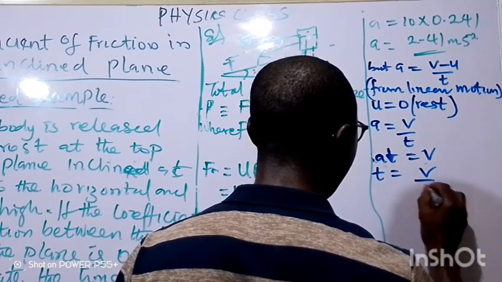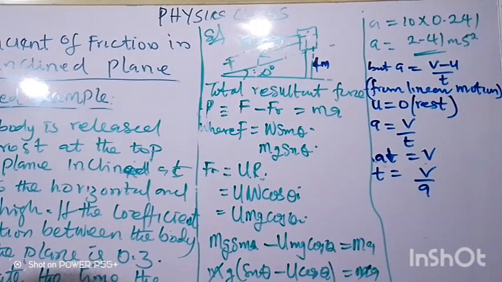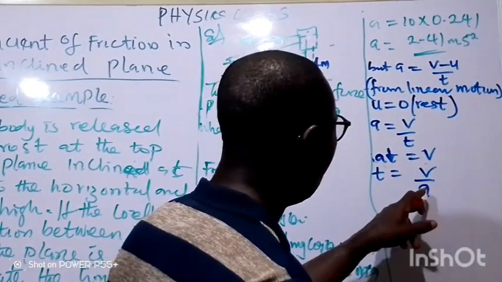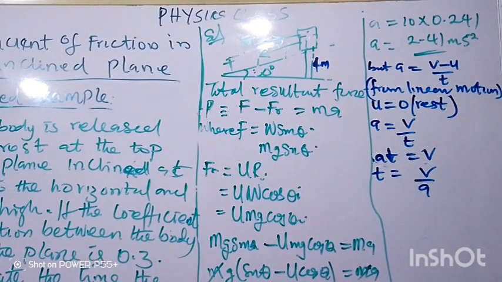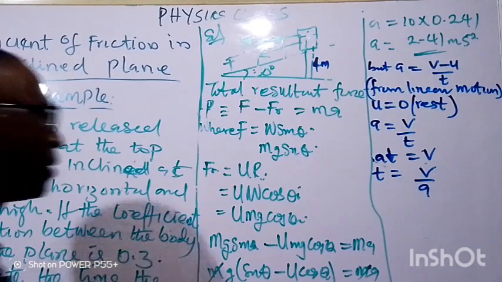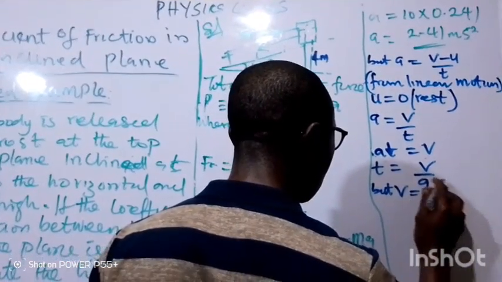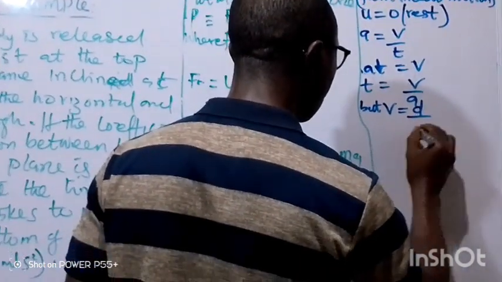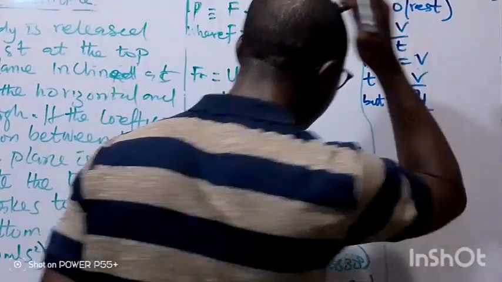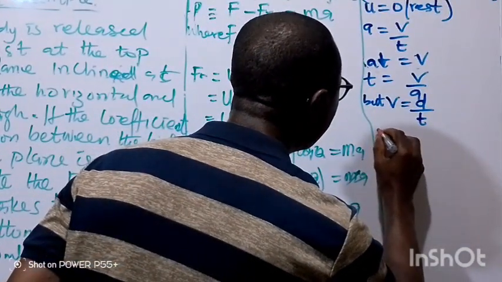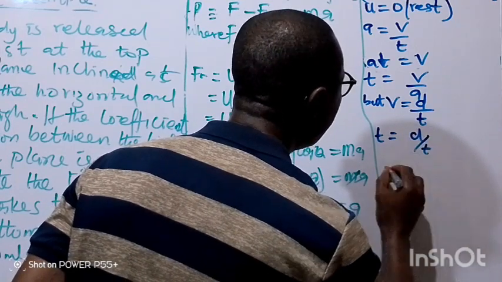But we don't need v, the velocity of this body. V is equal to displacement or distance over time taken. So from there, we can say t will be equal to displacement over time taken, then divided by a.